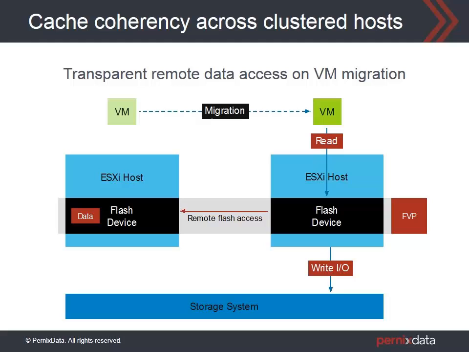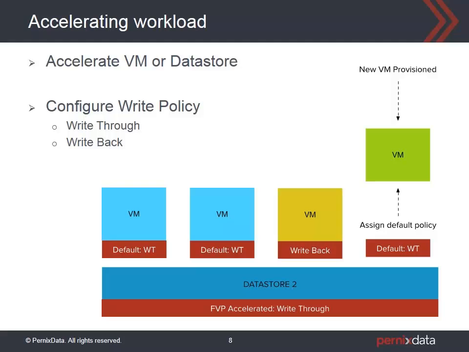We use the vMotion network for this. So we support 1 and 10 gig networks for this. Now, like I said in the beginning, when you accelerate a virtual machine, you select a write policy that can be write through or write back. You can accelerate on a virtual machine level or on a data store level.